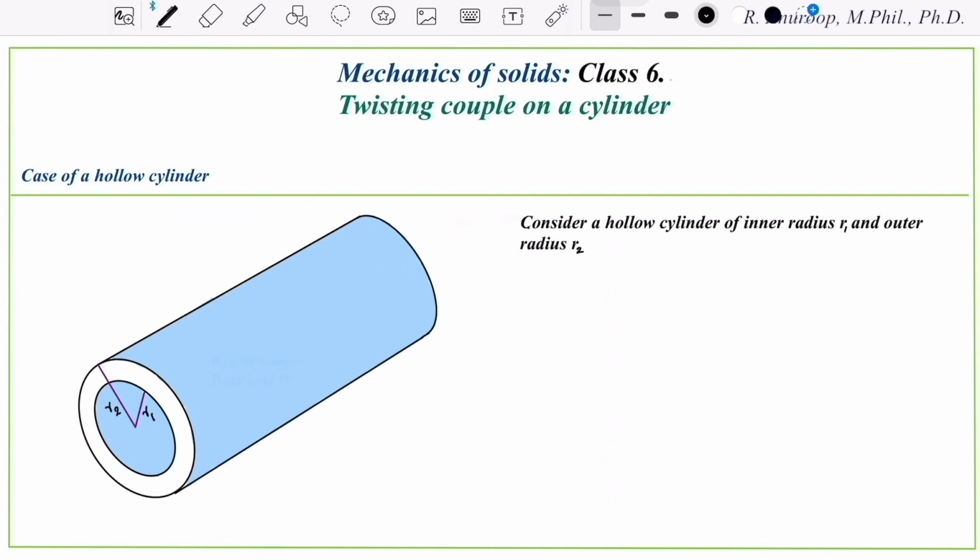Let us find out the expression for the couple per unit twist in the case of a hollow cylinder having inner radius R1 and outer radius R2. The twisting couple is integral R1 to R2 of 2 pi N x cube theta by L dx.